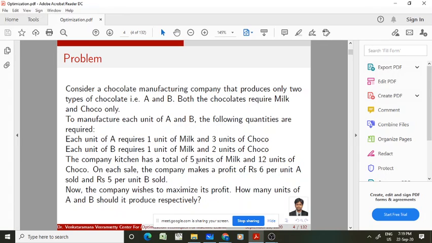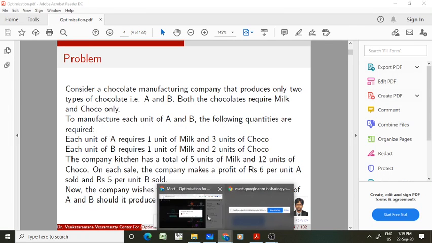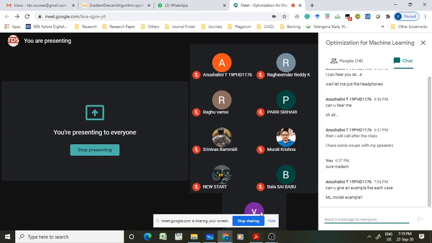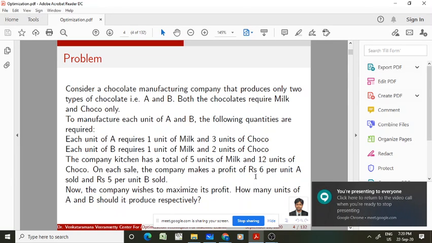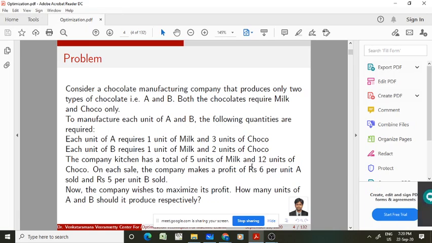On each sale, the company makes a profit of 6 rupees per unit of A and 5 rupees per unit of B. That means if they sell 1 unit of A, the company gets 6 rupees profit.